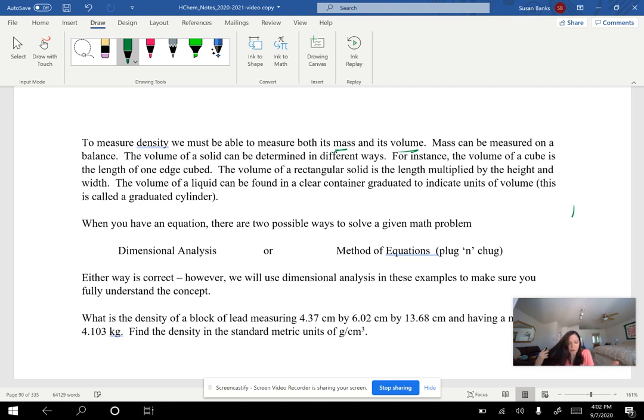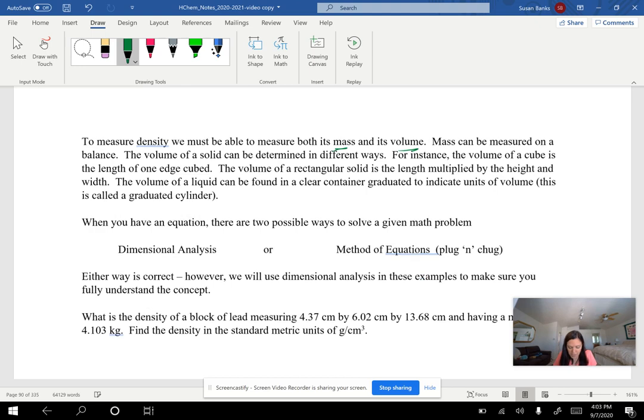The volume of a regular rectangular solid is length multiplied by the height multiplied by the width or the depth, okay? The volume of a liquid can be found using a clear graduated cylinder, okay? So we use that a lot. Sometimes we have to use a method called displacement, and we'll talk about that in a minute, okay?